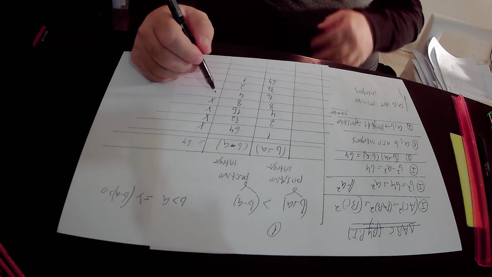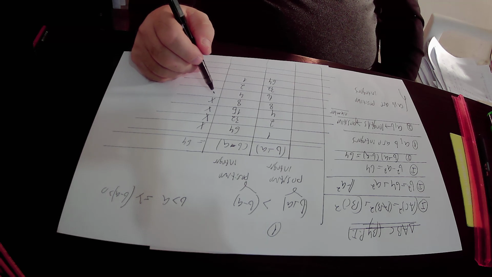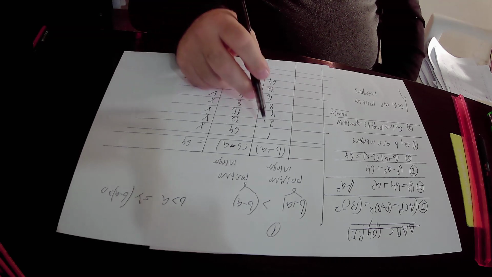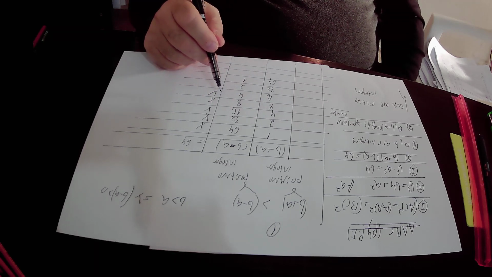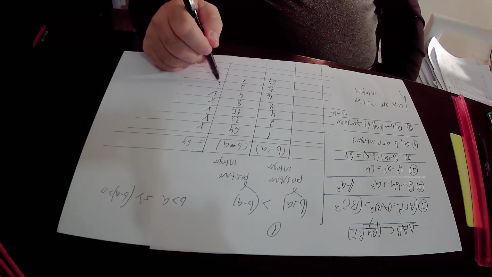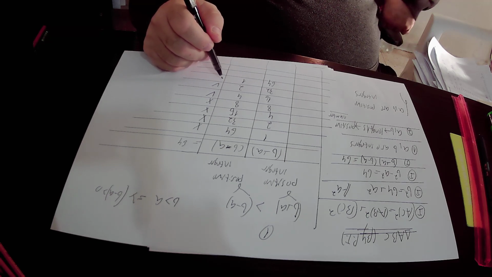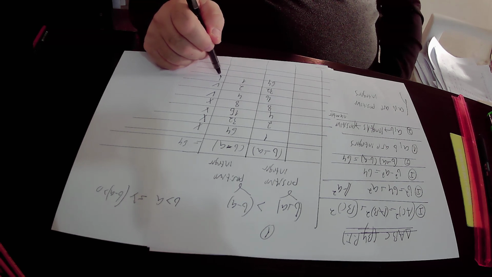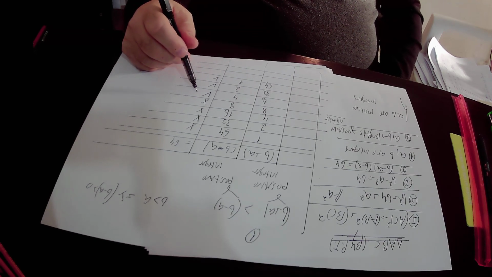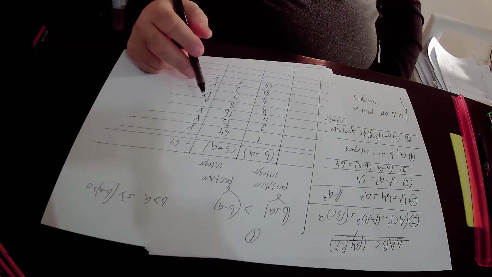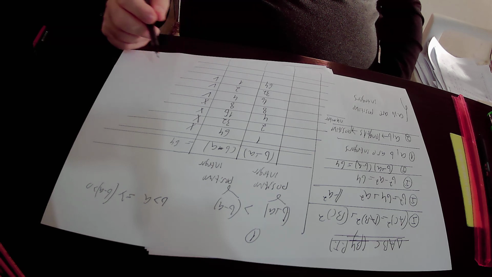Here 16 is greater than 4, therefore it is a good possibility, because b plus a is greater than b minus a. 32 is also greater than 2, so it is also a good option. And finally 64 is also greater than 1, so it is also a good option. So only 3 options are left here for the values of b plus a and b minus a.